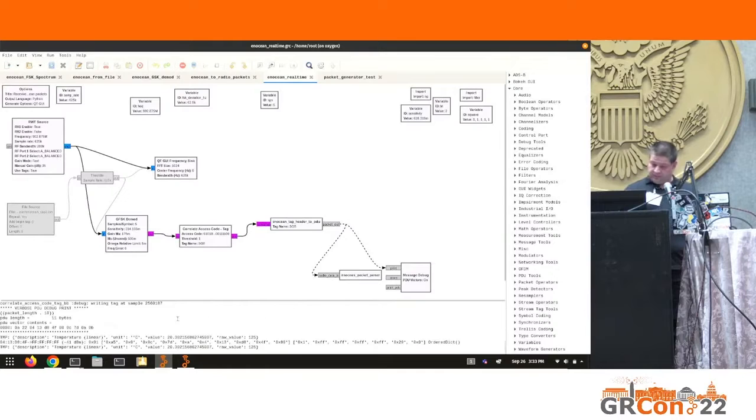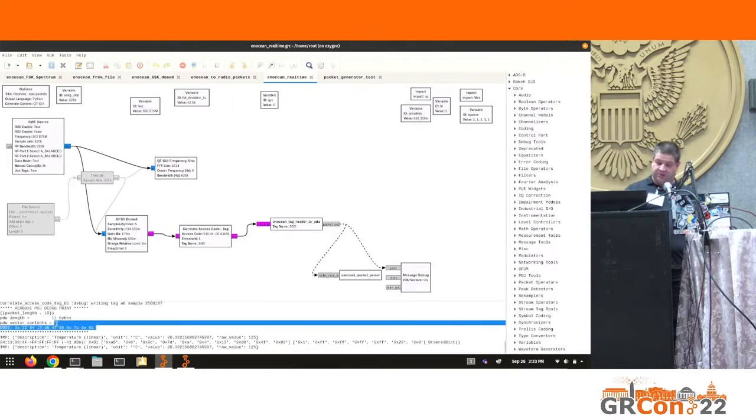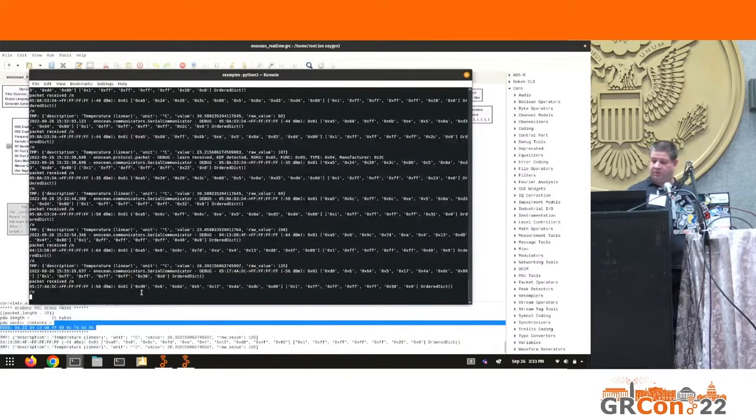I'm hoping one of these other sensors will talk here in a minute. So you can see what the radio actually sees is here, and then in this case one of the temperature sensors came through, and there's your 20.39 degrees Celsius that we were seeing with the dongle, and it's also showing up over here in the dongle.